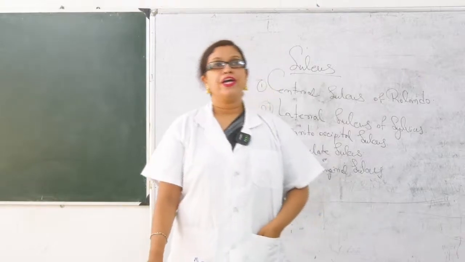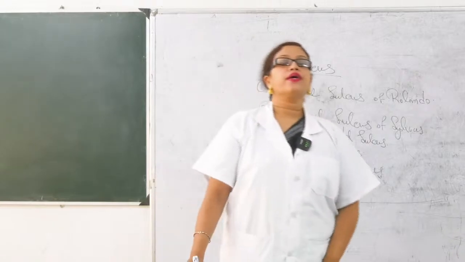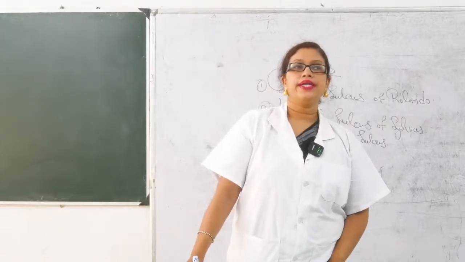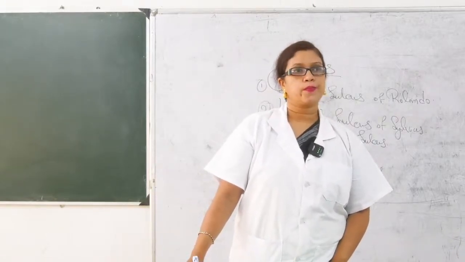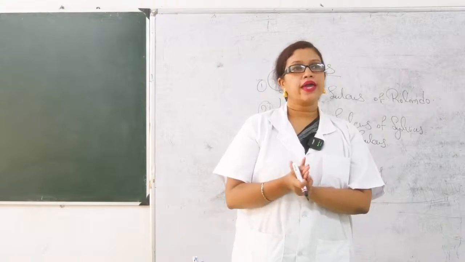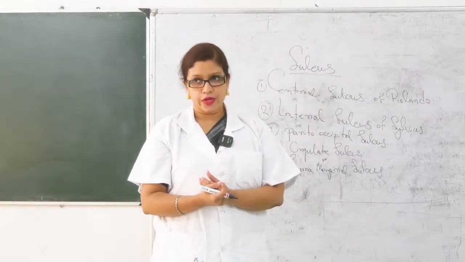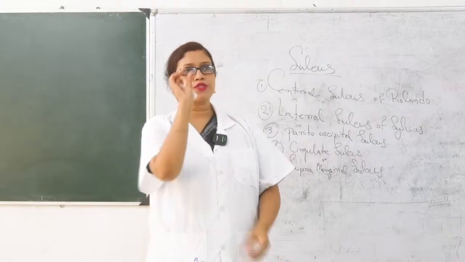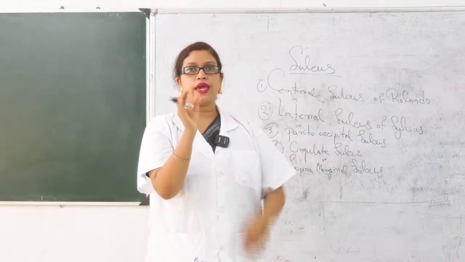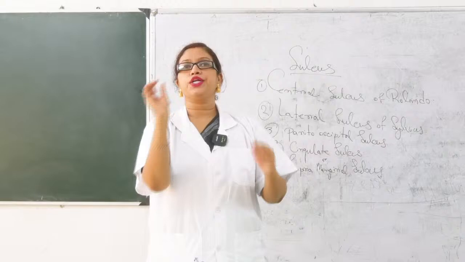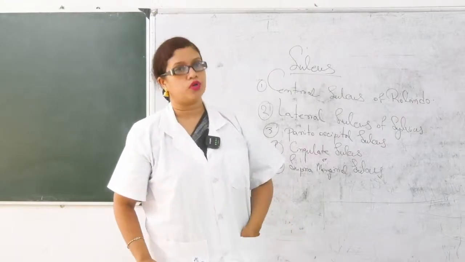Okay, very good. Interpeduncular fossa. Okay, behind that you have the tuber cinereum. Okay, tuber cinereum, and a small elevated part. Okay, and on both sides of the tuber cinereum, what is there? The mammillary body.